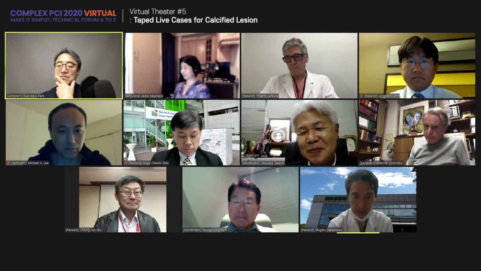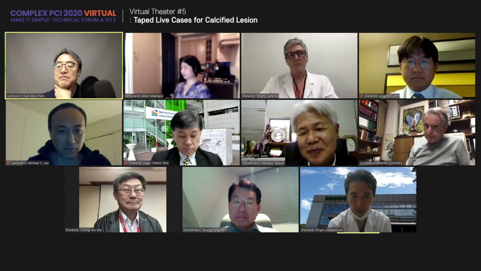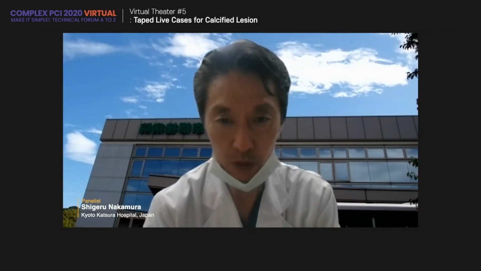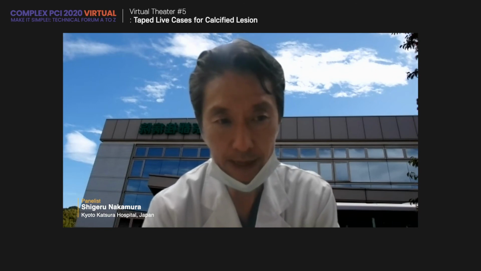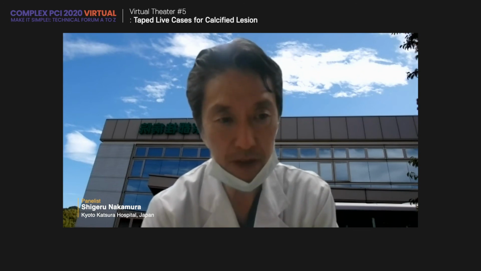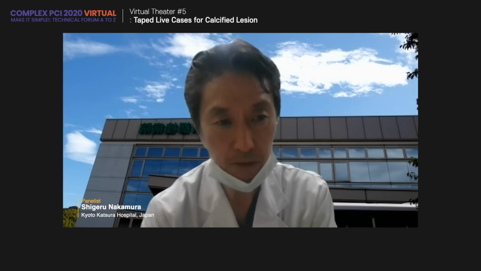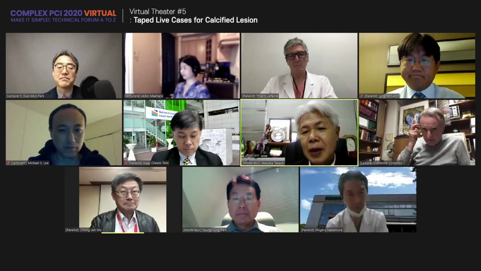Yeah, so I think we prefer the cutting balloon. Maybe the strong blade concentrates the power on the calcium. If the lesion is very eccentric, we prefer the NSE because of safety. But when there is no safety issue, we prefer the stronger cutting balloon.